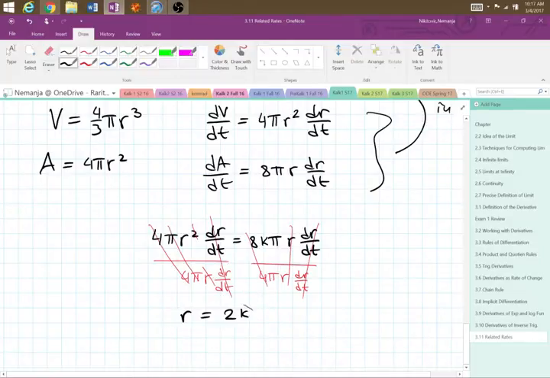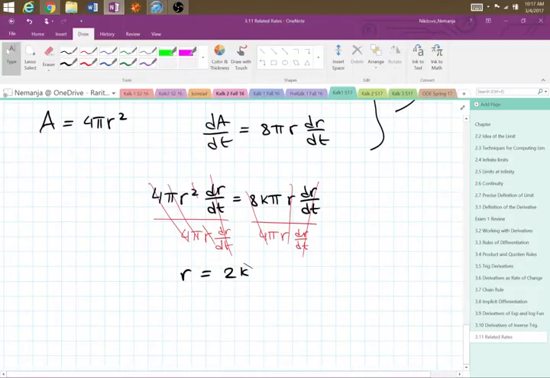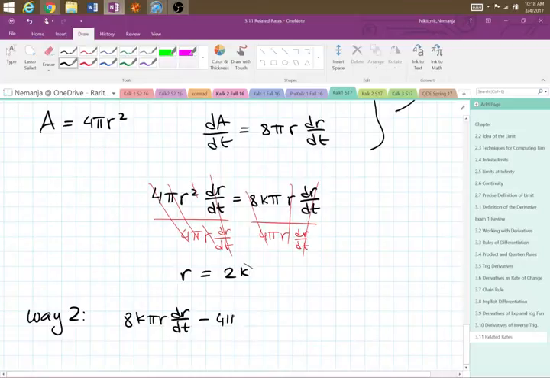The other way you can do this is you can move all of this stuff to the other side. So the other way, way 2, would be to move both of these to the same side. So 8k pi r dr/dt minus 4 pi r squared dr/dt equals 0.